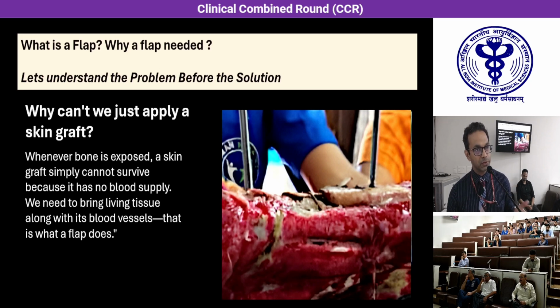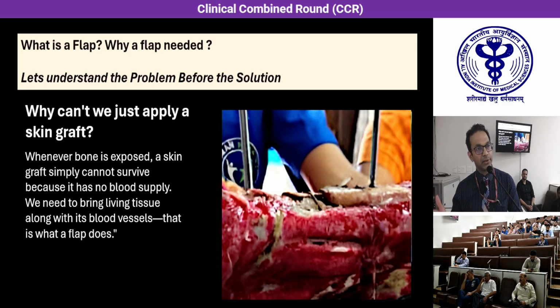If the bone is exposed, there will be osteomyelitis. For this kind of coverage, you cannot put a skin graft over the bone because the skin graft needs something vascular to stick on. So here we need a flap. A flap is something that has its own blood supply.